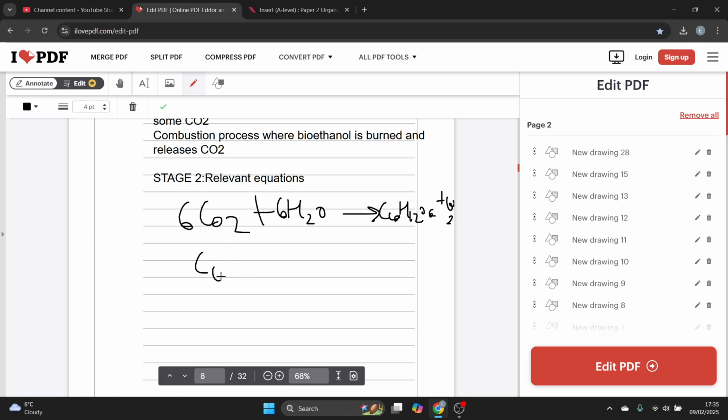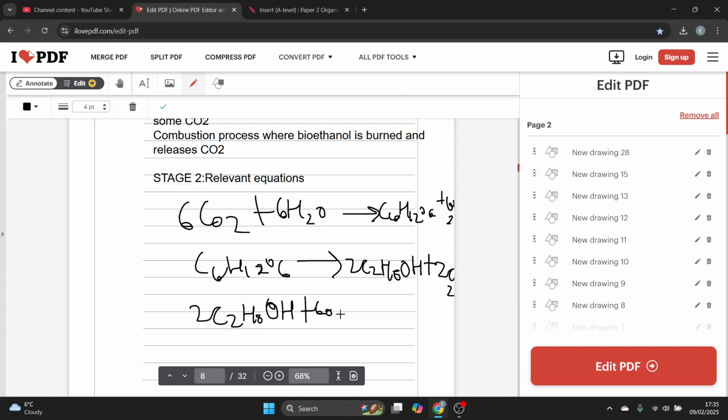Then you've got your C6H12O6 going into 2C2H5OH plus 2 CO2, and then you've got 2C2H5OH plus 6 O2 to form 4 CO2 plus 6 H2O.